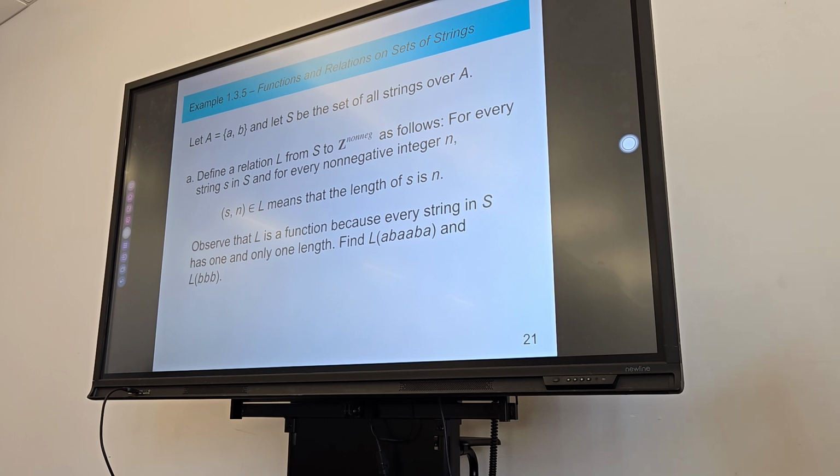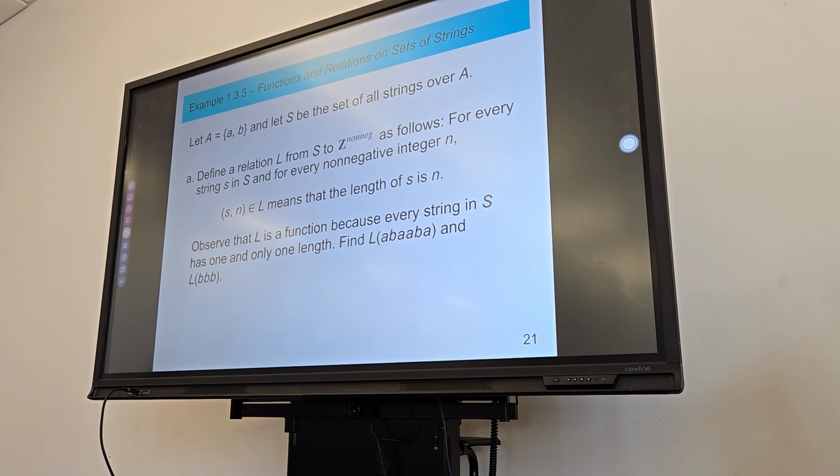Let A equal {a, b}. Let S be the set of all strings over A. The relation L from S to the non-negative integers is as follows.